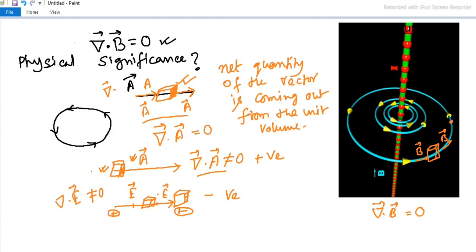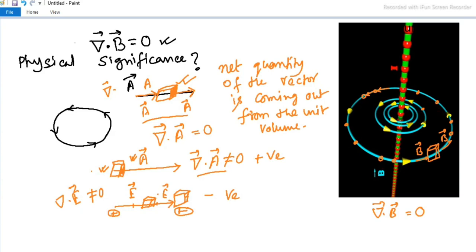Now you take any point over the magnetic lines of force. Everywhere, whatever amount of magnetic field is entering, the same amount of magnetic field will be leaving. That's why this is only possible when the field is forming a circular loop. So you take any point and you'll see that the amount of magnetic field which is entering, the same amount will be leaving.